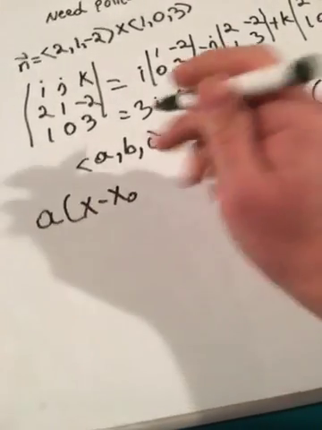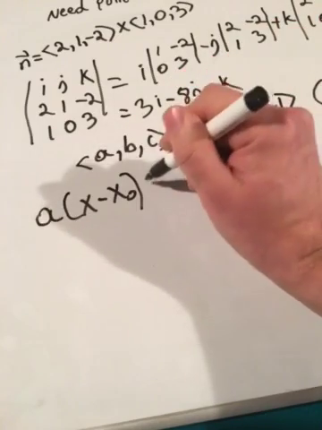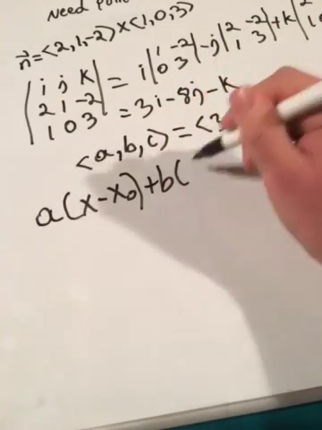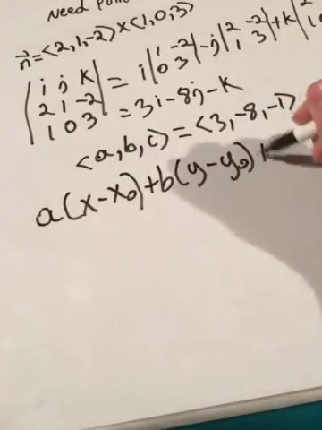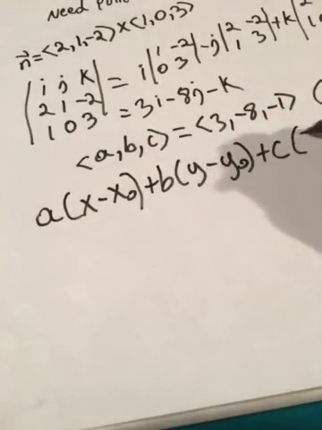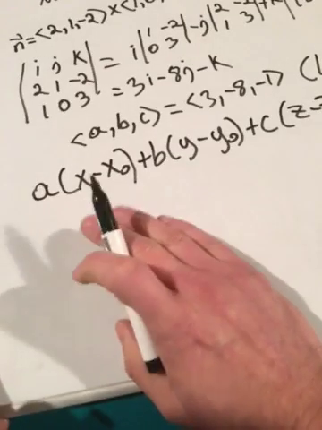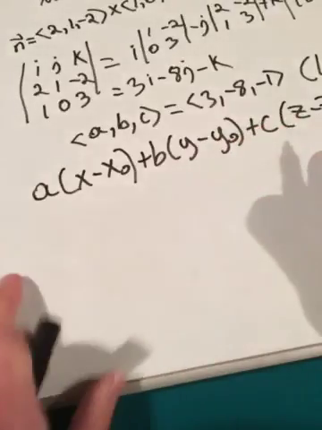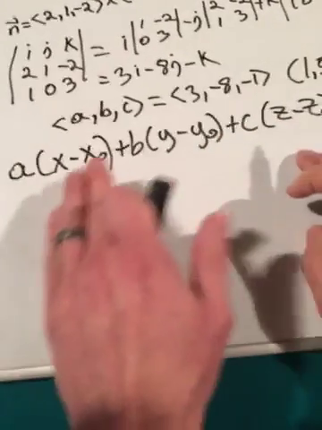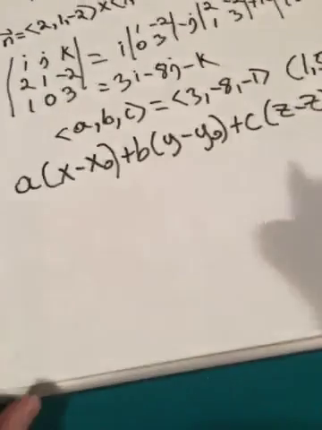Then plus b times y minus y naught, and then plus c times z minus z naught. I remember this as just your a, b, c times x, y, z: a times x minus x naught plus b times y minus y naught plus c times z minus z naught.